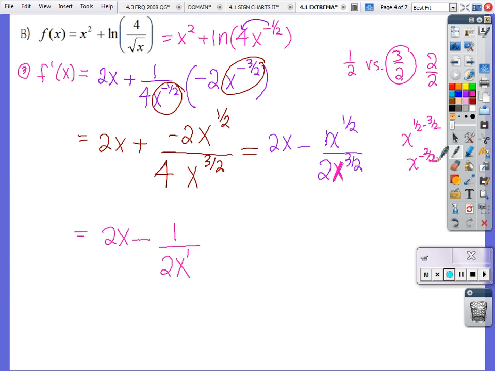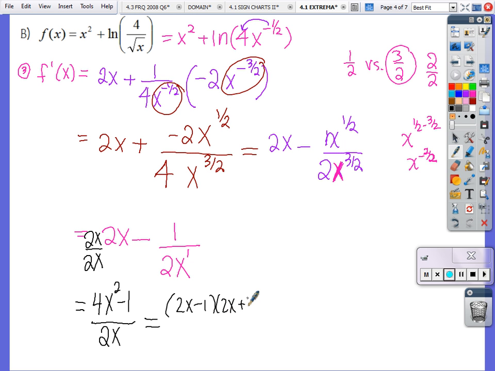Alright, so we multiply 2x over 2x to get the common denominator, and we end up with 4x squared minus 1 all over 2x. So I'm going to factor that, and I get 2x minus 1 times 2x plus 1 all over 2x.